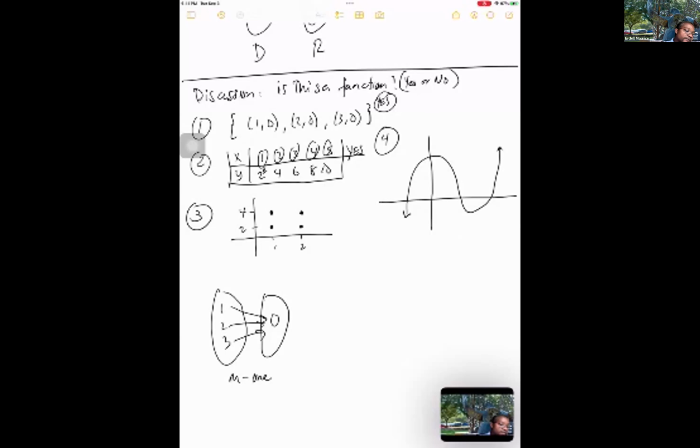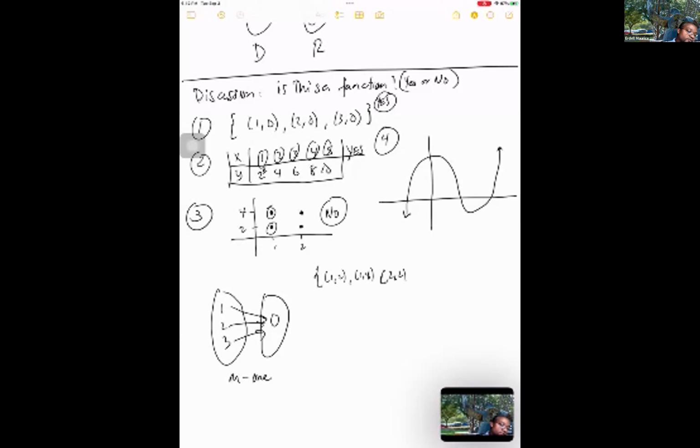For number 3, the answer is no, it is not a function. If I was to take those 4 dots and write them as ordered pairs, that's going to be 1, 2, then 1, 4, then 2, 2, and 2, 4.